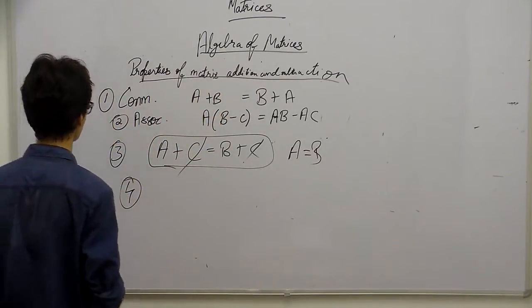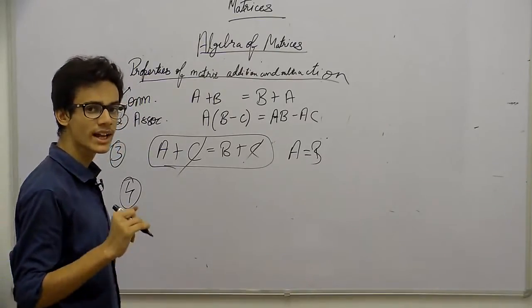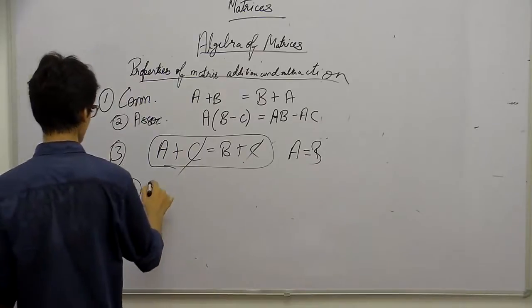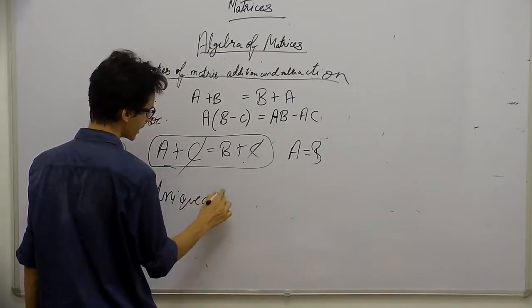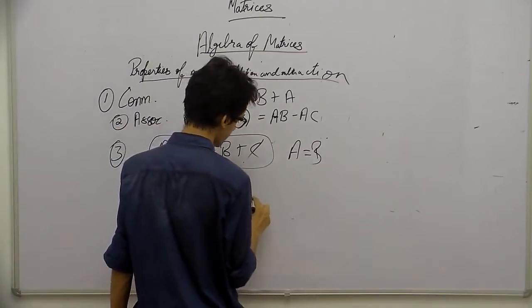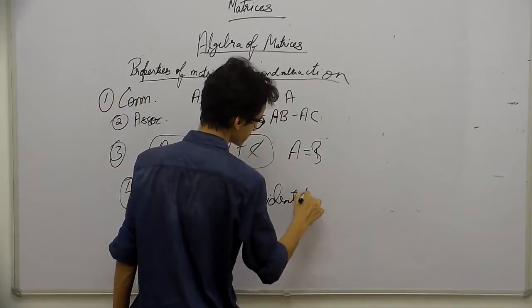And what is the last property? The last property says that they have a unique additive identity. What does this mean?